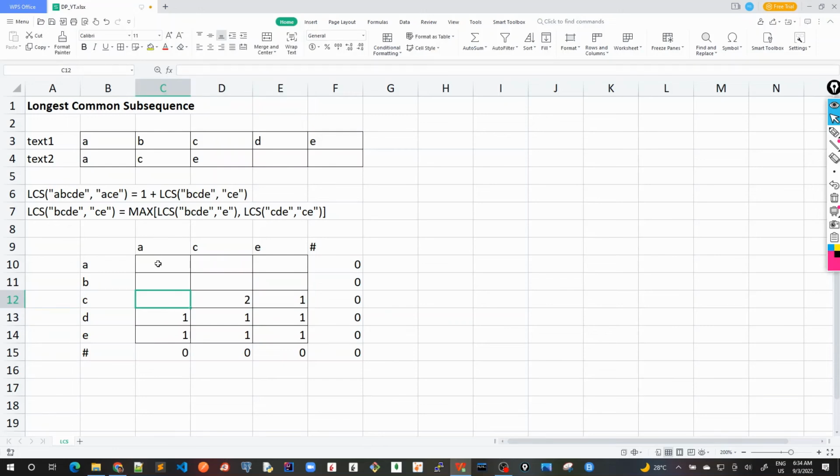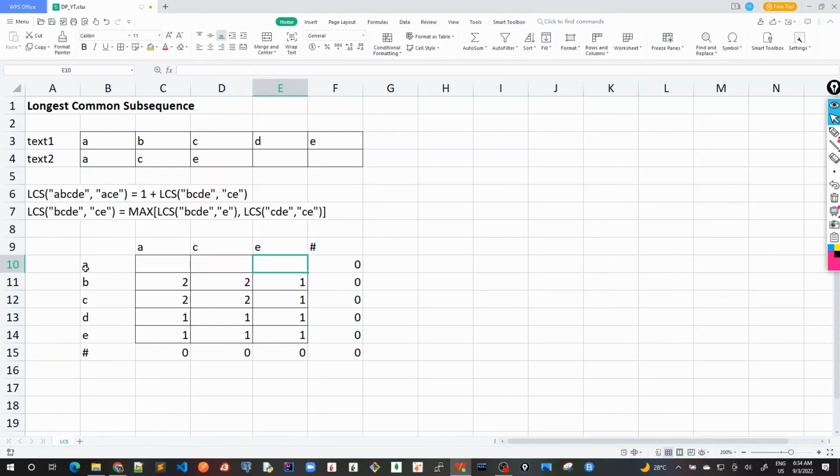Now C and A don't match. So it would be max of 2 and 1, which is 2. Again, going through the same thing, B and E would be 1. Between B and C, it would be 2, because the max of 2 and 1 is 2. A and B, max of 2 and 2 is 2.